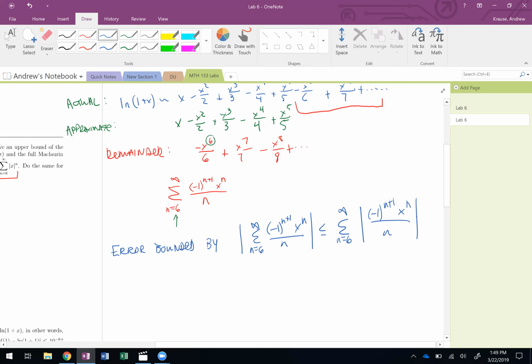And what this is saying is that if we took the absolute value of this whole remainder, that absolute value is less than or equal to the absolute value of each of the individual terms added together. We can make that reasoning pretty easily.